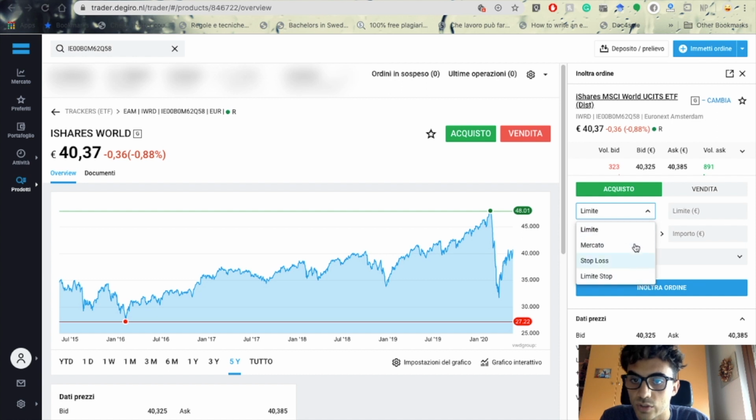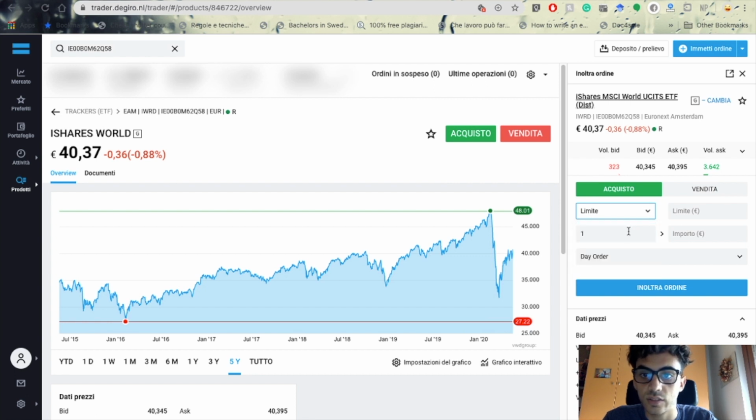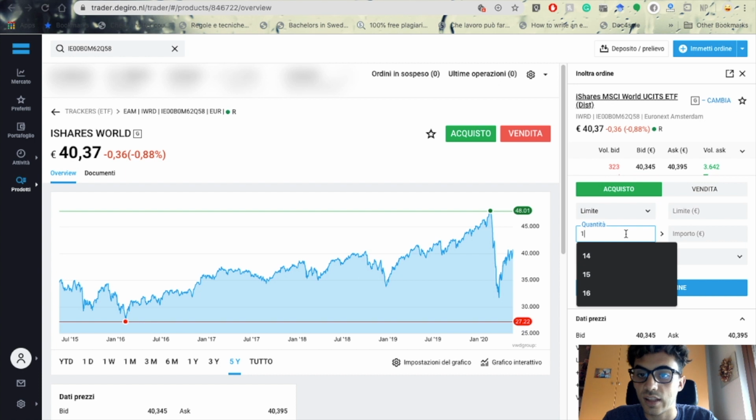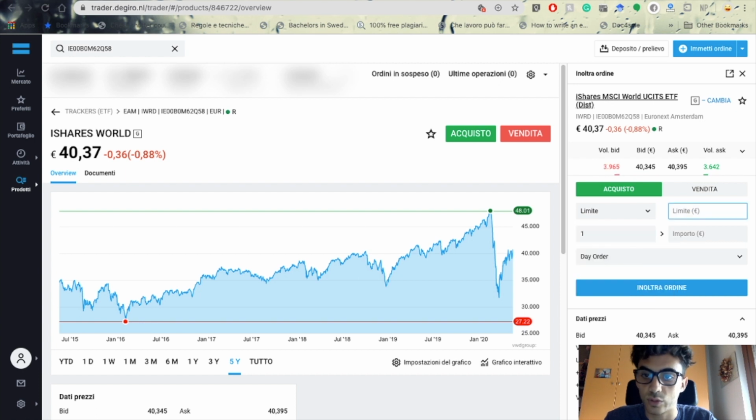there are different options. So if you want to put a limit, let's say I want to buy one with a limit buy. So imagine I want to buy one, but I want to buy it for 30 euros, and it's valid only today.